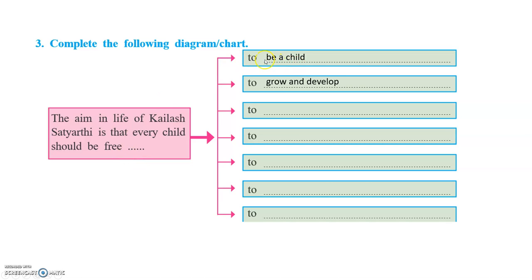Now what are the answers there? You will find them directly if you turn to page number 80. I've written down two answers for you there: to be a child, to grow and develop. The rest of these answers you're going to write on your own. It's from the text.